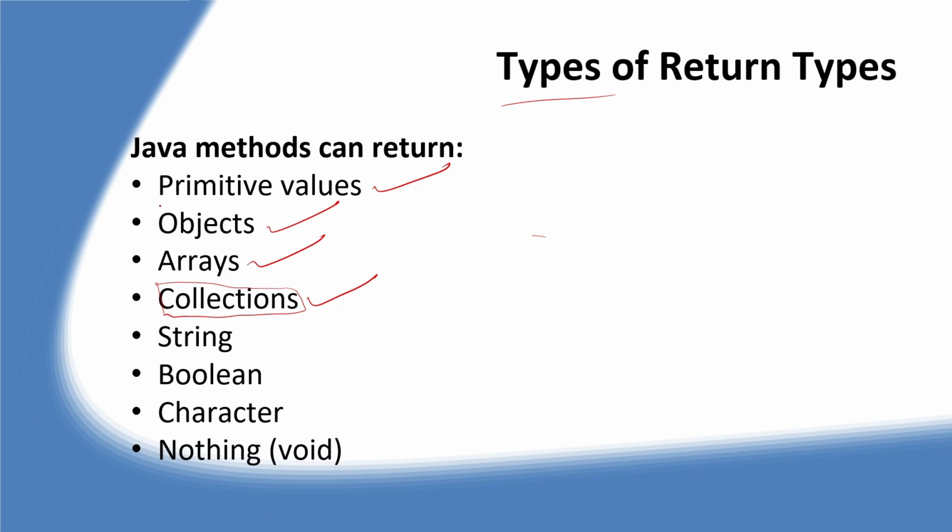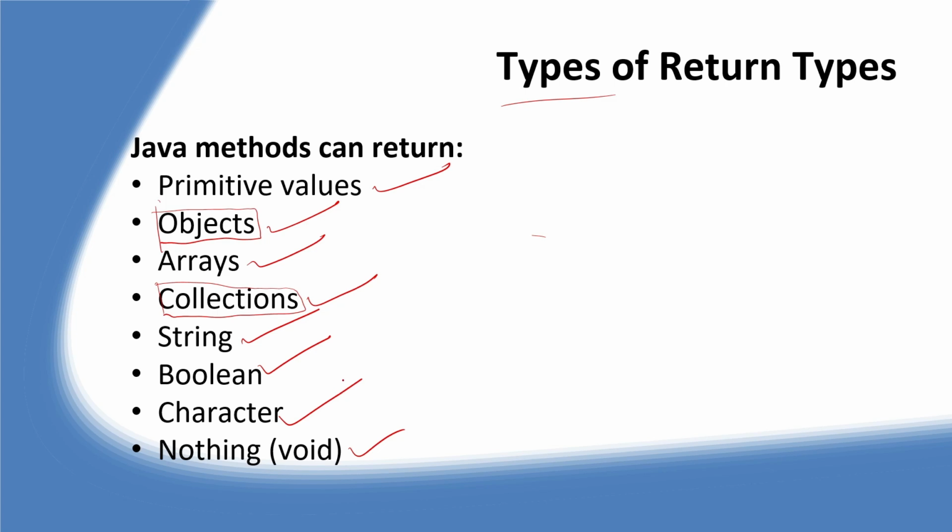For now, collections and objects we have not seen yet, so these things we will see in detail later. We can use string, boolean, character, and void. These are the return types we can use in the method definition.